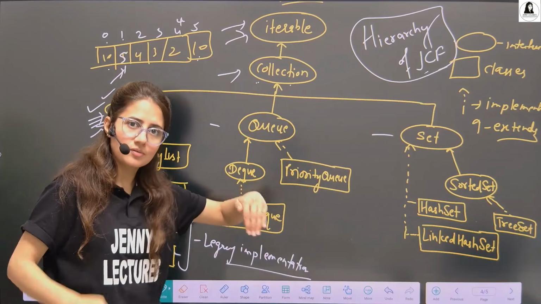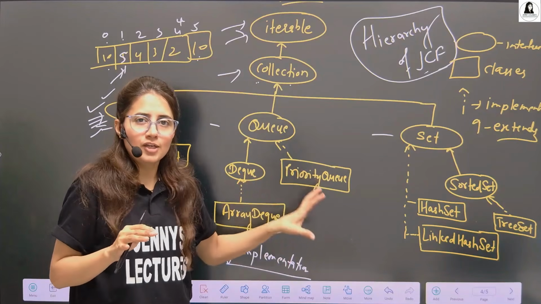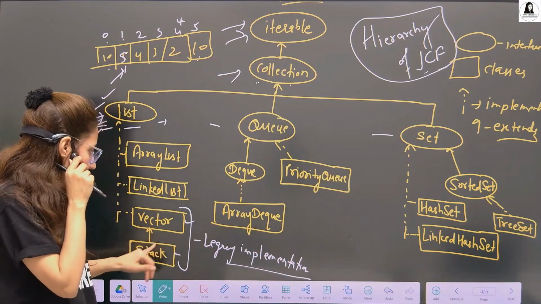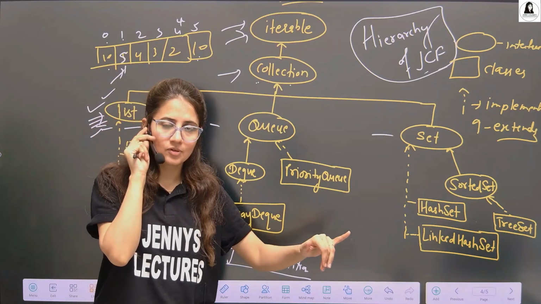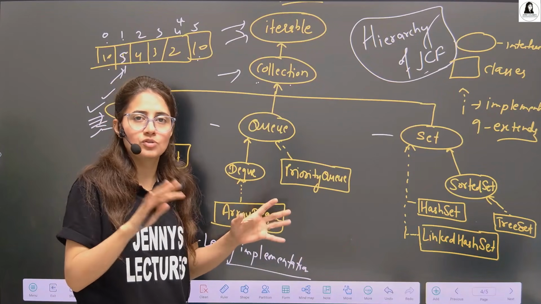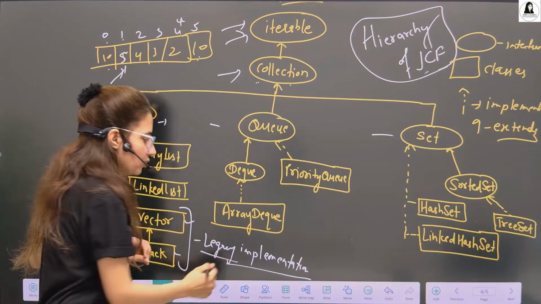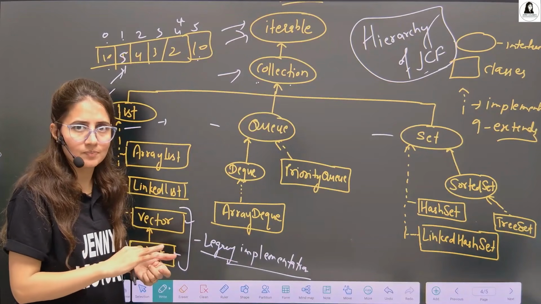These were there before the introduction of the Java collection framework, from the start of Java. In 1.2, the Java Collections Framework, JCF, was introduced. So that's why they have added these there, and they are known as legacy implementations.